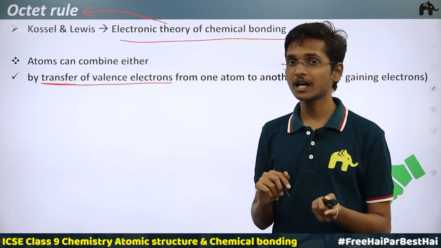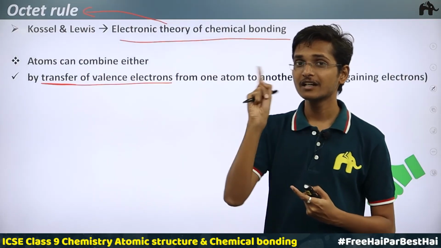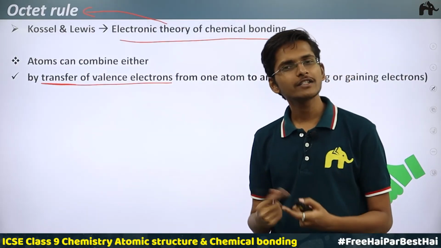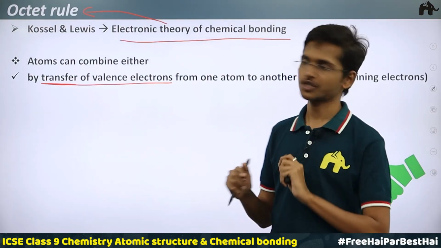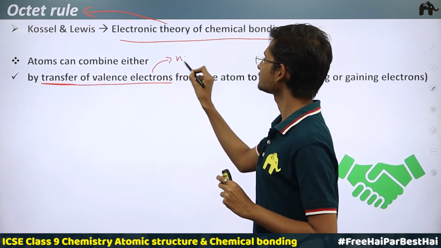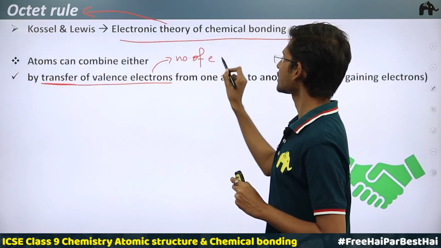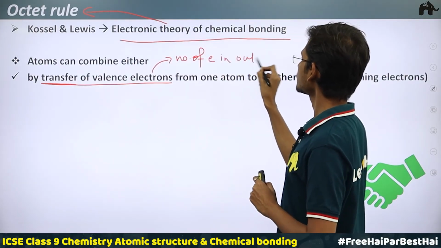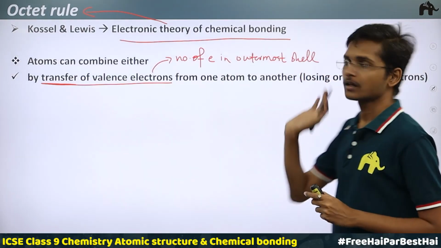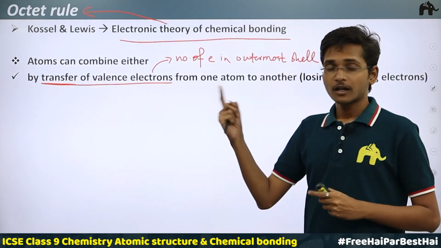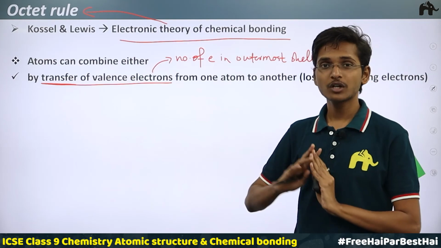I have told you, the valence shell is the outermost shell, so valence electrons are the number of electrons in the outermost shell. So how did Kossel and Lewis say atoms would combine?